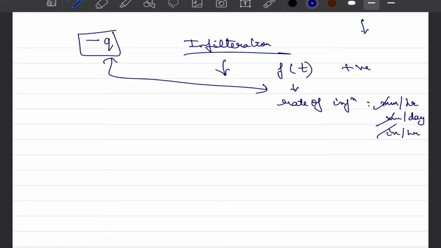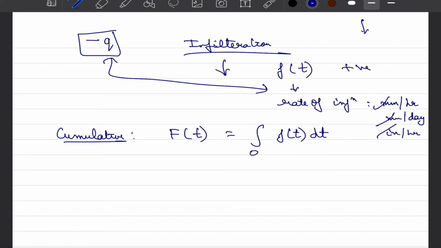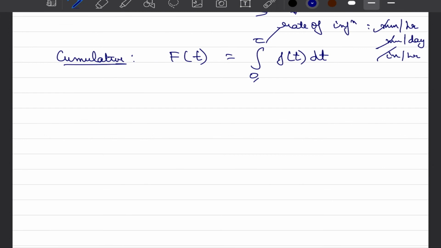If we want to calculate the cumulative volume of water that has infiltrated, we will use capital Ft, which can easily be obtained by integrating ft as a function of time over whatever time we are interested in. So let us say the integral of ft dt, where 0 is the starting time and tau is the ending time, gives the total volume of water that has infiltrated.